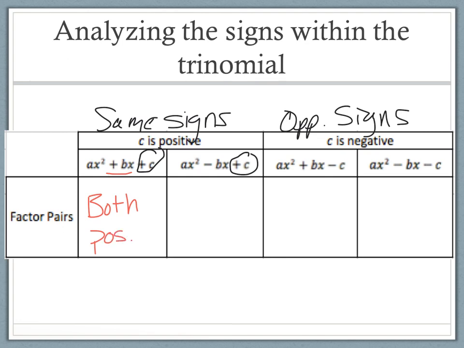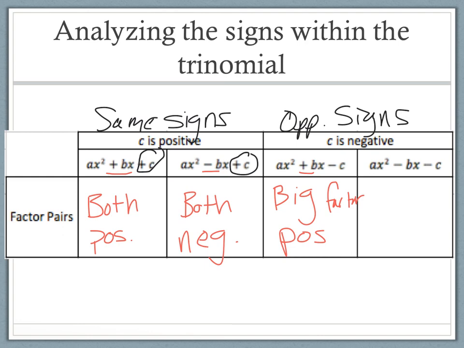Okay, if b is negative and the c is positive, they're both going to be negative. Now for the opposite sign ones, if b is positive, our bigger value or our larger number, our big factor, is going to be positive.